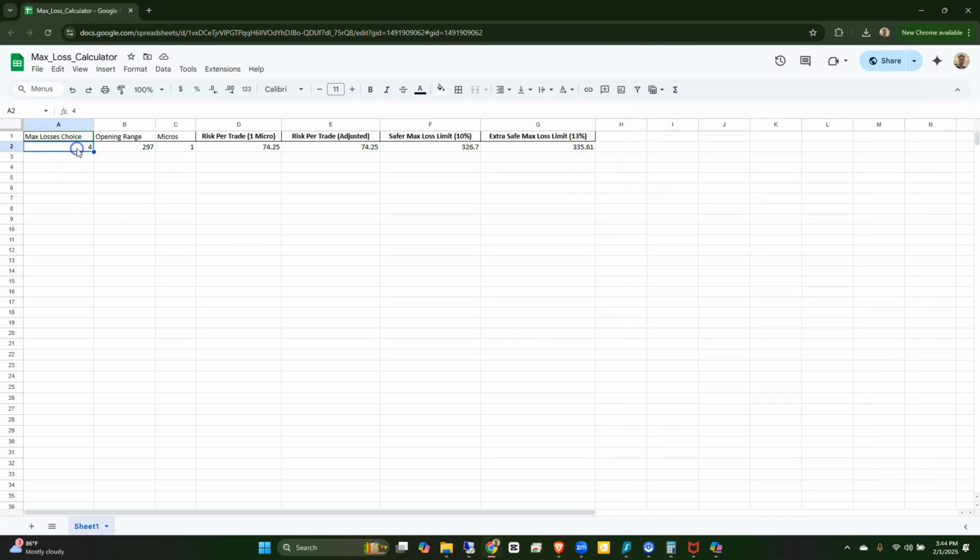If we wanted to use only 3 max losses here, that would reduce our safer max loss limit to $245 or $251 for the day. Now, a lot of us are leaning more towards the 4 max loss limit. ORS is really good at coming back from being down. We're using the 1-minute chart on a smaller opening range day. Or this isn't even that small.